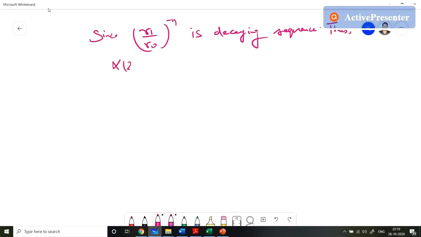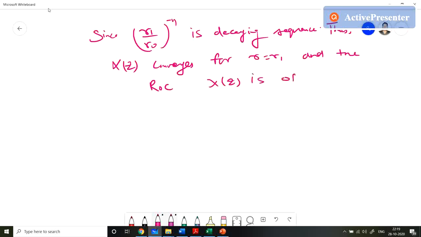thus X(z) converges for r equal to r1, and the ROC of X(z) is of the form modulus of z greater than r0.